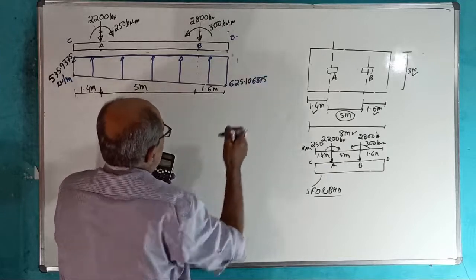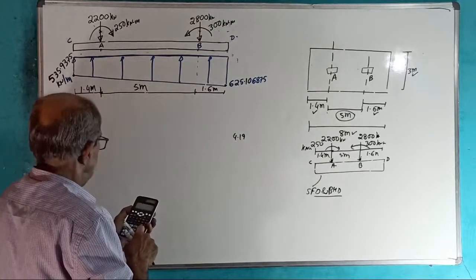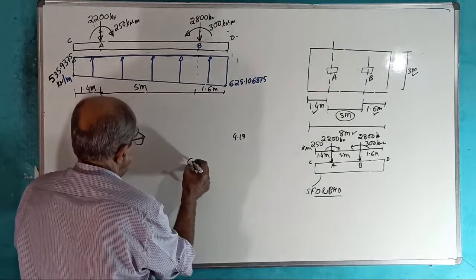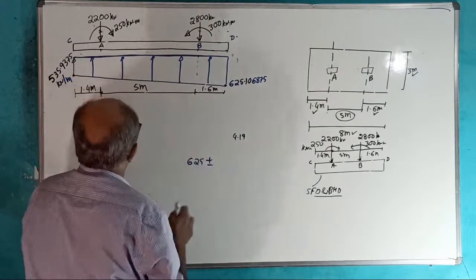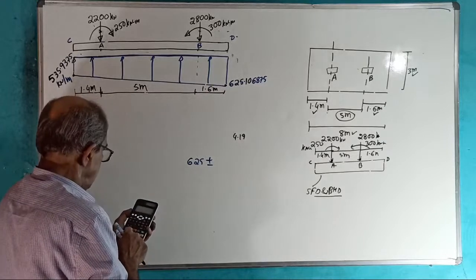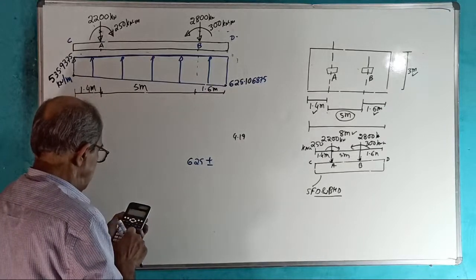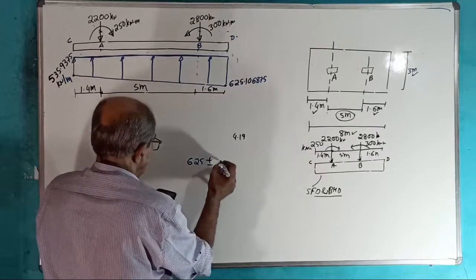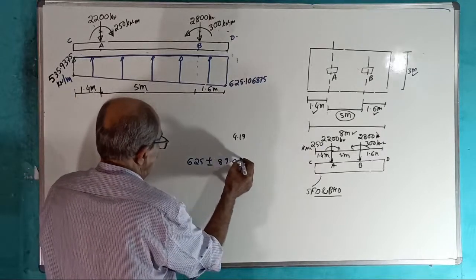625.106875. Why did such a value come? Something is wrong. 5000 divided by 8 is 625. 625 plus or minus 5000 into 0.19 into 6 divided by 8 square, which is 89.0625.